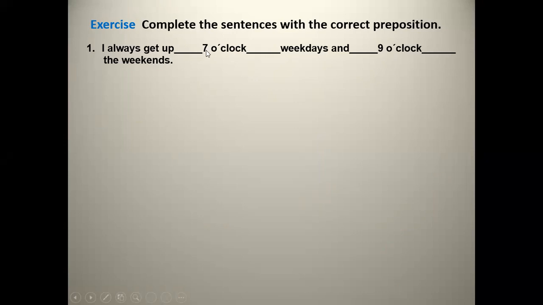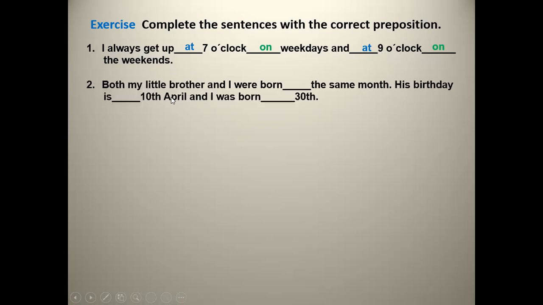Before hours, we're going to use at. Weekdays, on. Time, at. Weekends, like weekdays, on. I always get up at 7 o'clock on weekdays and at 9 o'clock on the weekends.